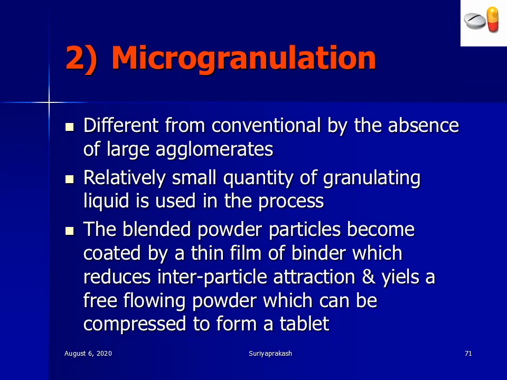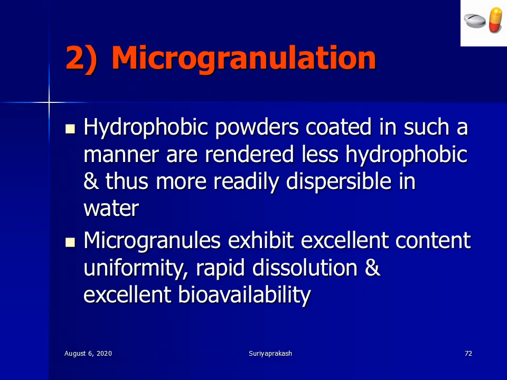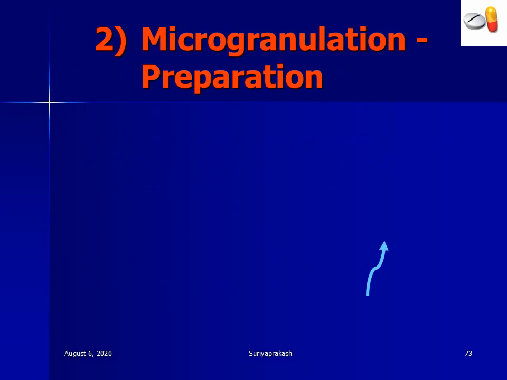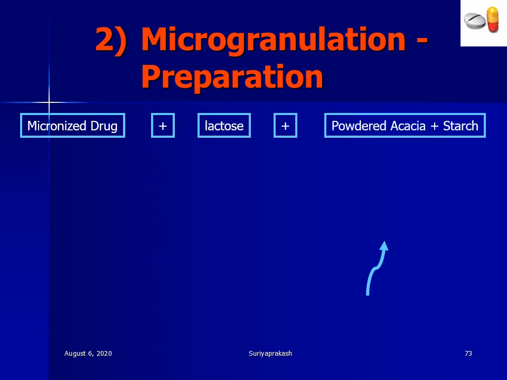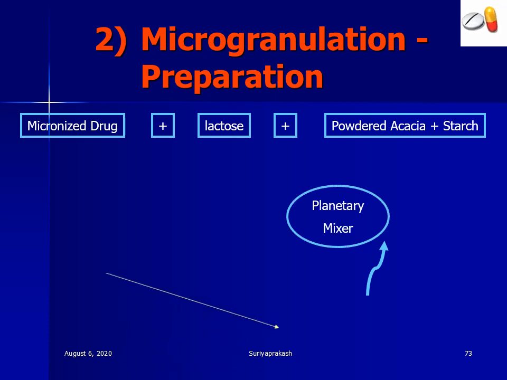So now micro granulation is different from conventional granulation. Here, second point, a relatively small quantity of granulating liquid is added, right? Let us go into the next slide. So the drug is micronized, right? Add lactose, powdered acacia and starch.